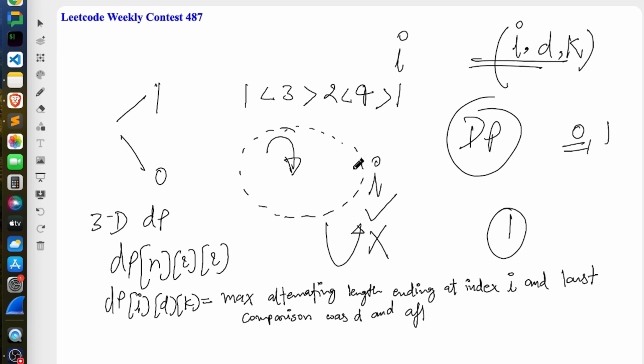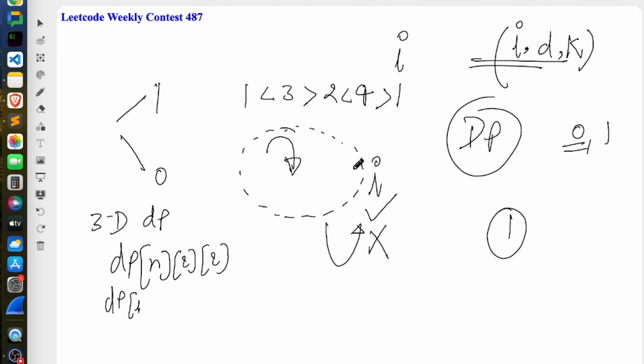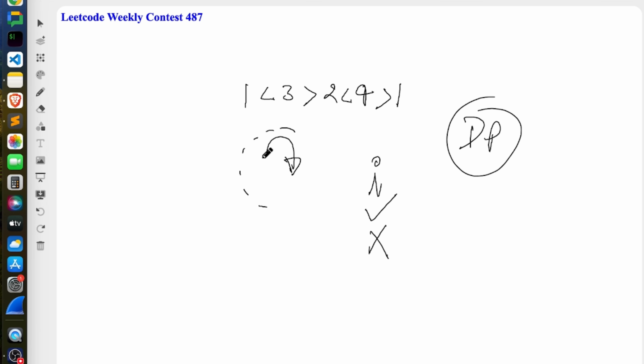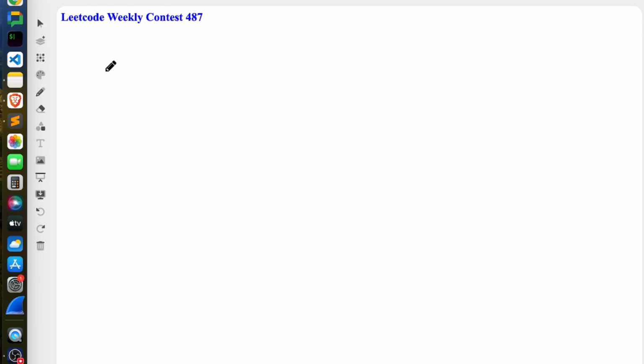Now let's see how to find the value of DP of I, D and K, right? Actually, I think it would be easy to understand if I explain it through code, because we already know the state of DP.